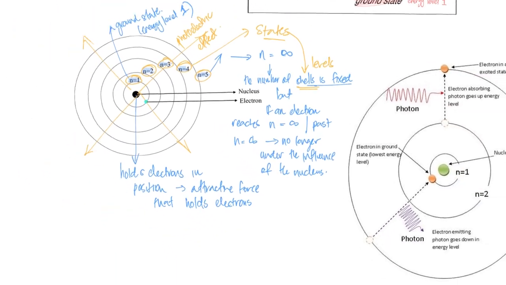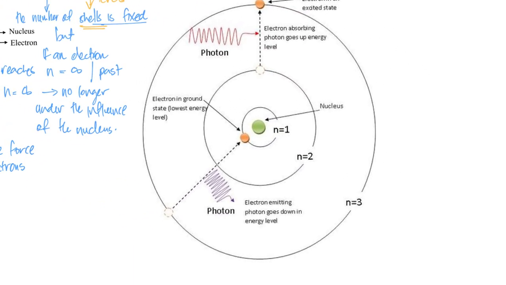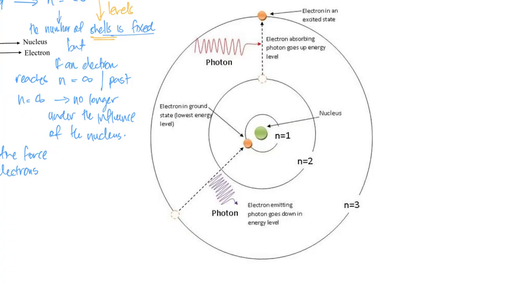All right, so let's have a look here at this little picture. This is the basic idea of what we're looking at. We're saying that if an electron moves from the ground state and moves away, then it's going to absorb a photon.